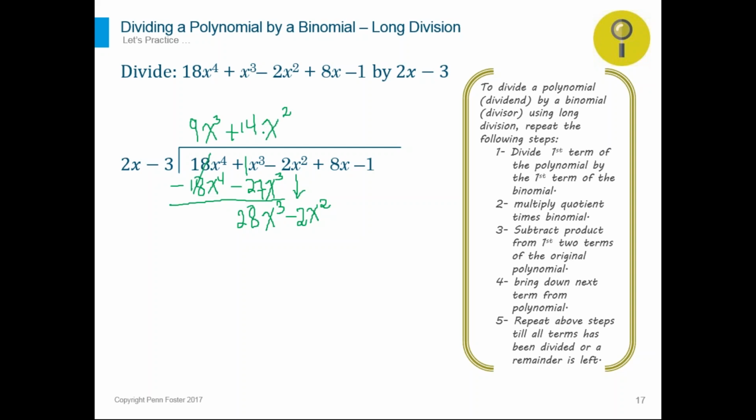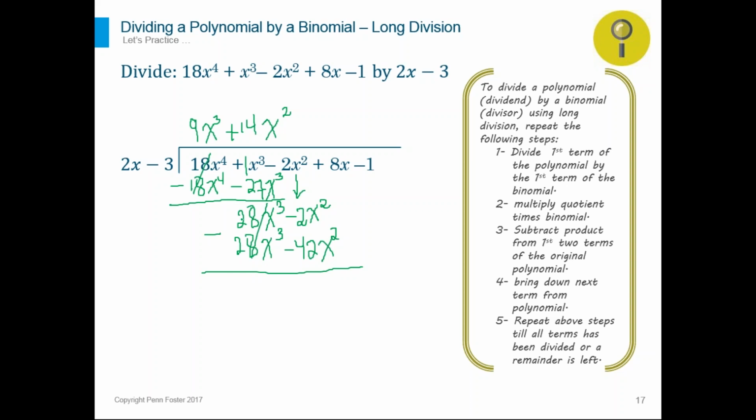Second step, multiply. 14 times 2 will give you 28x cubed. And 14 times negative 3 will give you a negative 42x squared. Subtract. 28x cubed minus itself, that's gone.